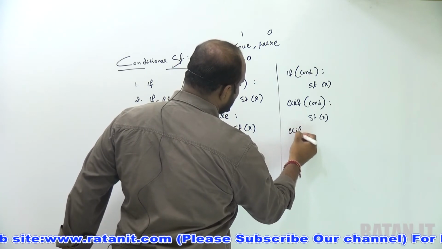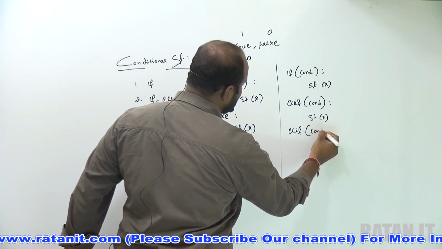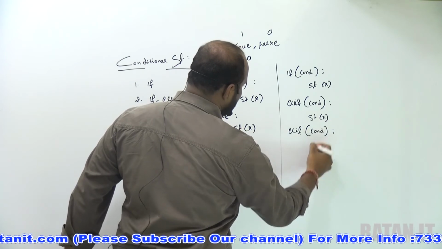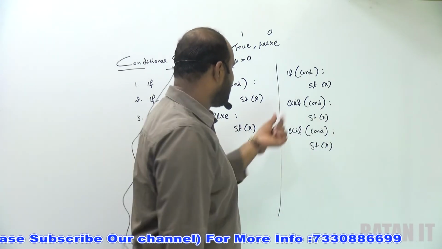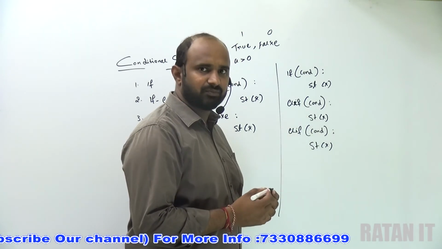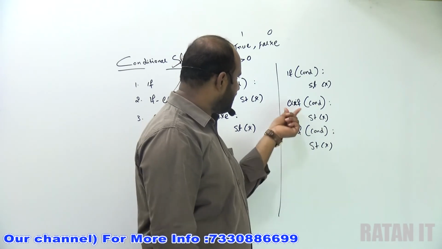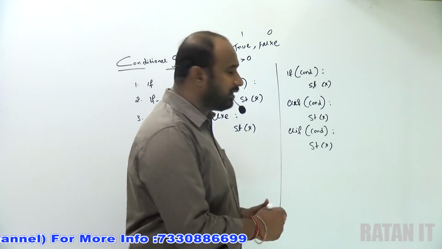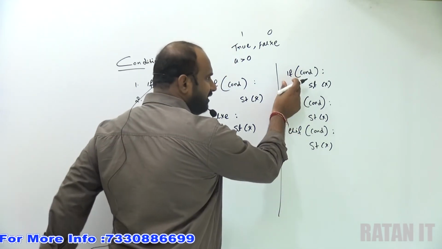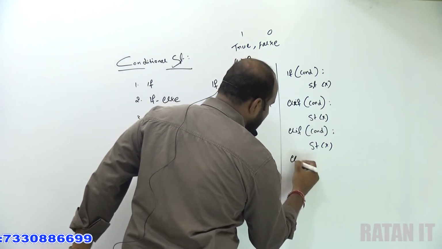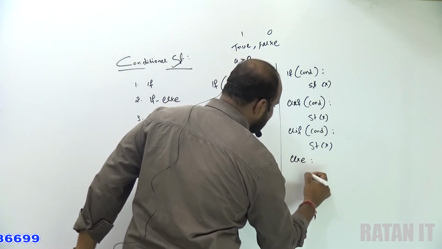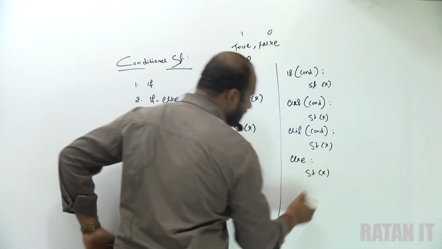Otherwise, you can write elif of condition. So if this condition is true, here statement or statements. Like that, you can write any number of elif conditions. If the if condition is not satisfied, the elif is not satisfied, the elif is not satisfied, at the final which one is executed here? Else will be executed. Here you can write the statement or statements.